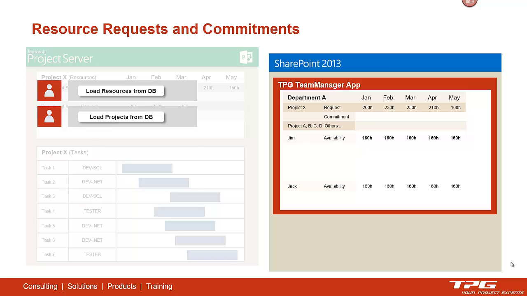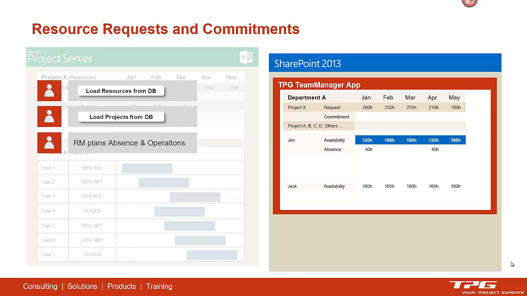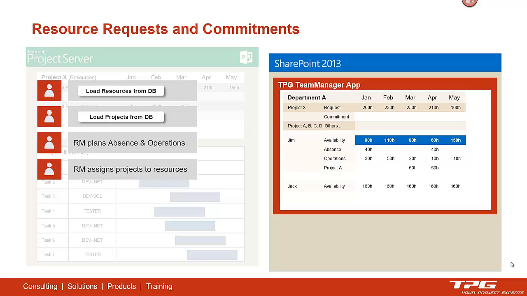hours from his team. But before he can commit this, he has to plan some non-project work like absences, like operations, and all this reduces the resource availability, the project availability. Then he probably has already committed to another project, and he also commits some hours to project X. And here you can see the first information for the resource manager is very important.